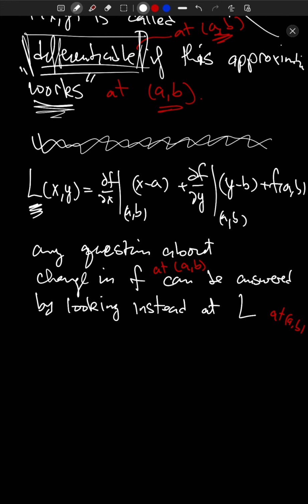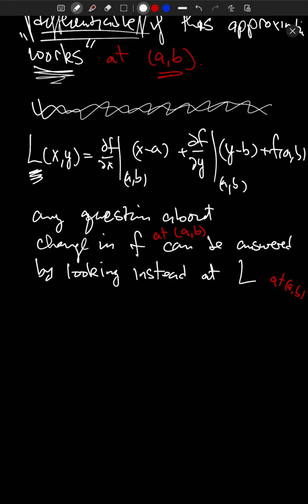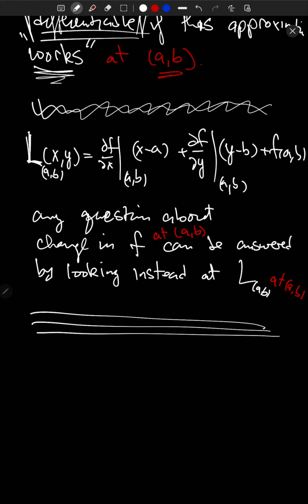So even if I want to be the most careful mathematically, I should notate that this L only works at (a,b). So maybe L sub ab, if I want to be very careful about it mathematically.